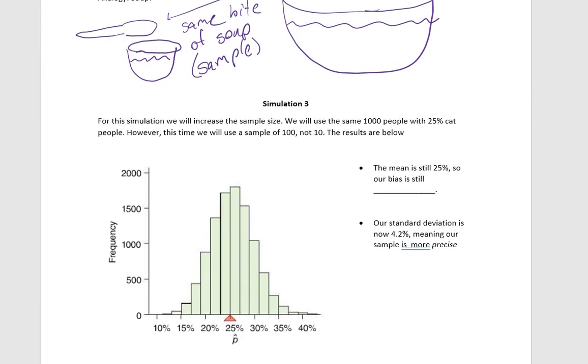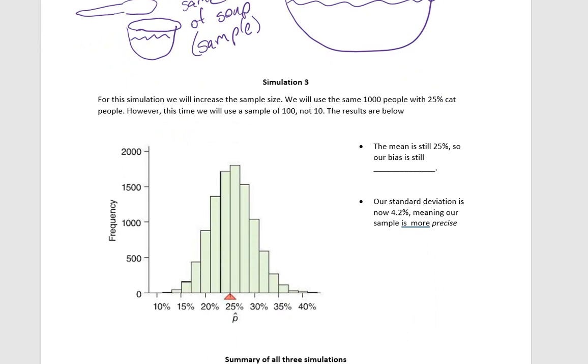Now, in the last simulation, we're still looking at a population of 1,000 people with 25% cat people. However, instead of a sample of size 10, we're going to do a sample size of 100. So again, we do this a lot, and what we see is that most of our samples are still going to be 25%.